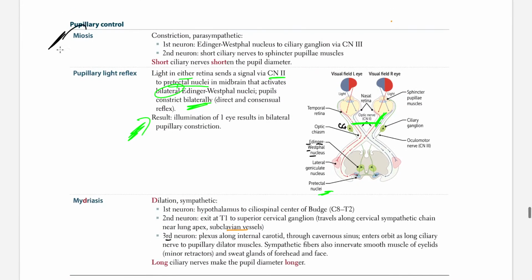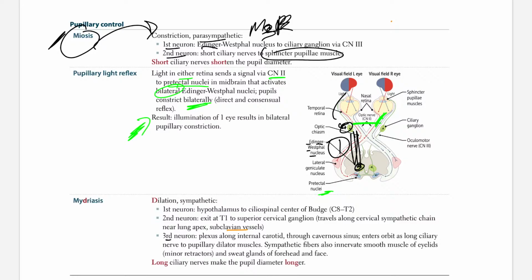Here what we have: miosis is all about constriction done through the parasympathetic M3 receptor. First neuron, second neuron. The first neuron goes from the Edinger-Westphal nucleus to the ciliary ganglion, and from the ciliary ganglion all the way to the sphincter pupillae muscle, that's the second neuron.